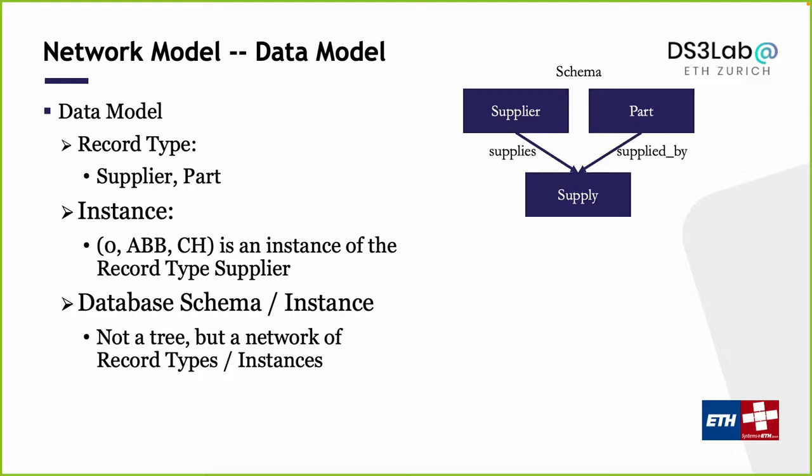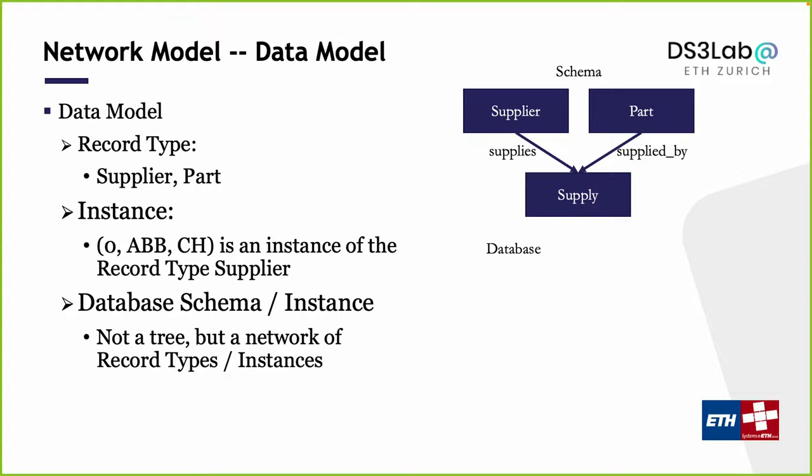So, for example, when you want to have supplier, part, and supply, you can have 3 different record types. You can have a whole bunch of records for supplier, a whole bunch of records for part, and all of them connected to another record type called supplies, okay? So essentially you have not a hierarchy, but a network between records.